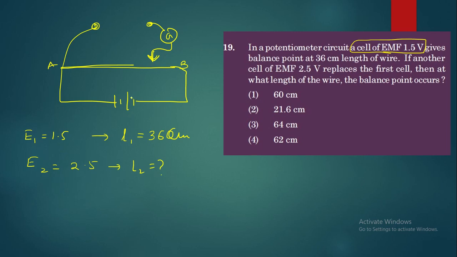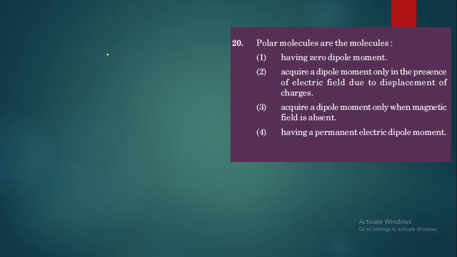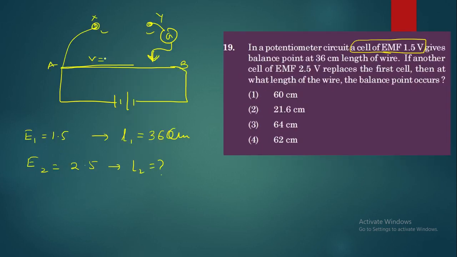In a potentiometer, whatever electric component we put here, its electric potential will be equal to the electric potential of the wire, which is equal to this one. So when I write E1 by E2, for E1 the electric potential will be the voltage gradient K multiplied by L1, and for E2 it is K multiplied by L2.